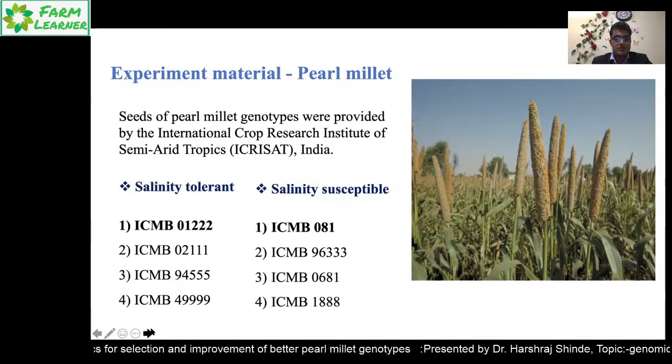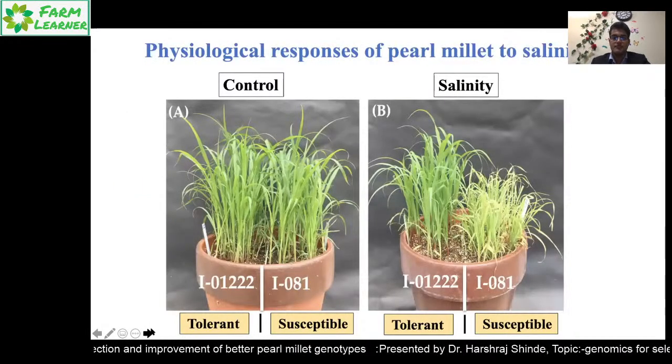So after selecting these 2 lines from our initial trials, we again performed the physiological analysis of these 2 lines to compare them. We grew both these lines in the same pot.